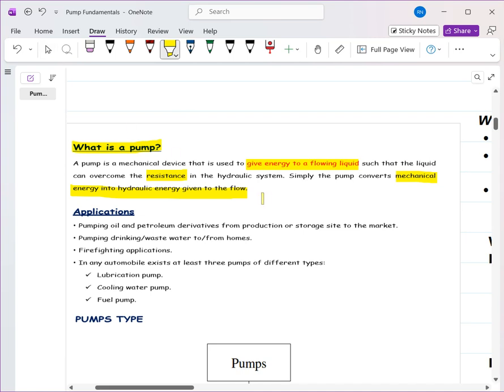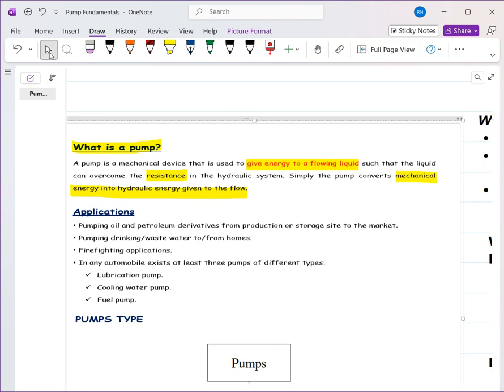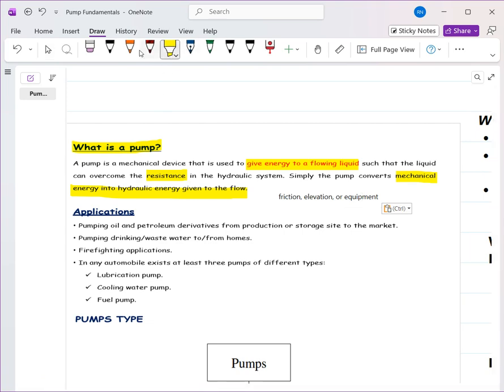So which kinds of resistance are these? Friction, elevation, and equipment.